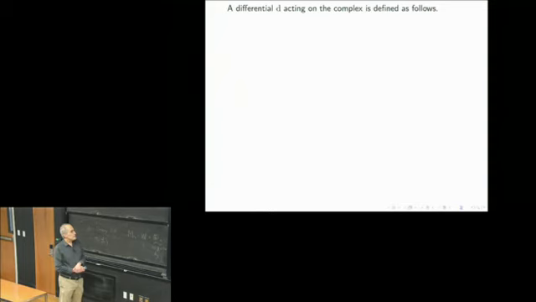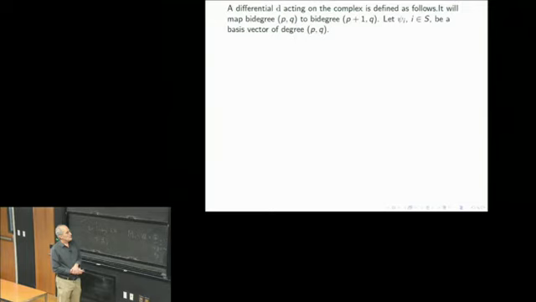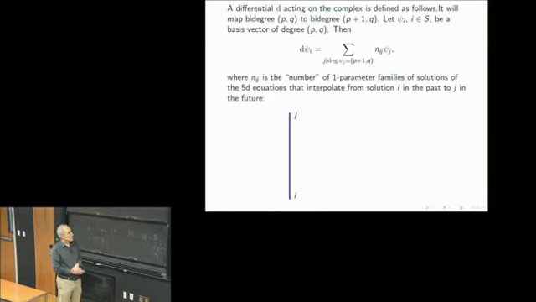A differential d acting on the complex is defined as follows. As I said before, it will map bi-degree (p, q) to bi-degree (p+1, q). Let psi I be a basis vector of degree (p, q). Then the differential acting on psi I will be the sum over all basis vectors corresponding to solutions of degree (p+1, q) with coefficients nij, where nij is computed as follows.